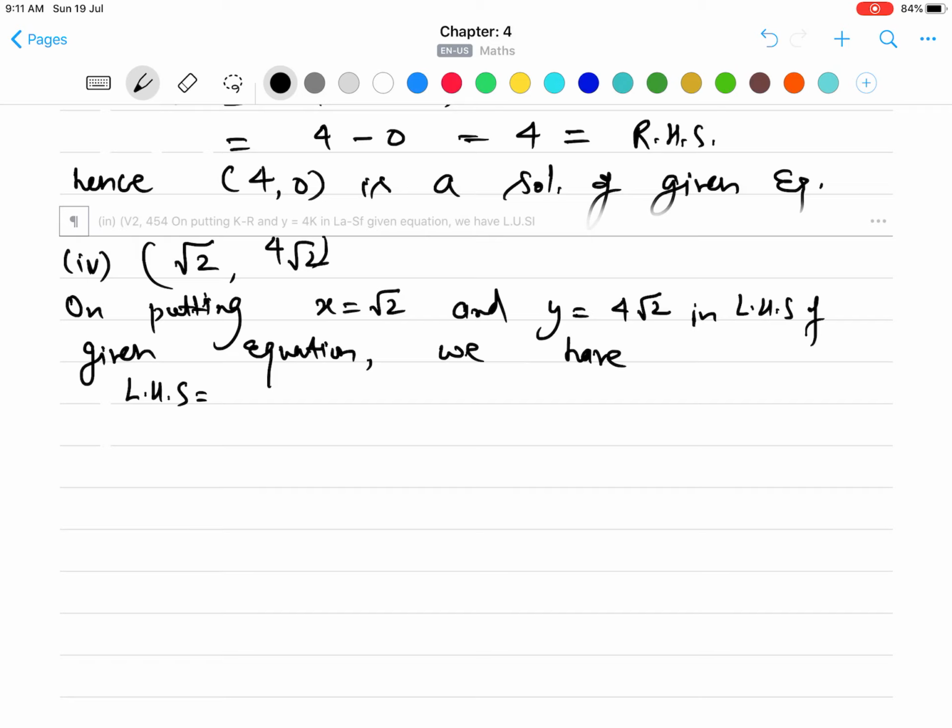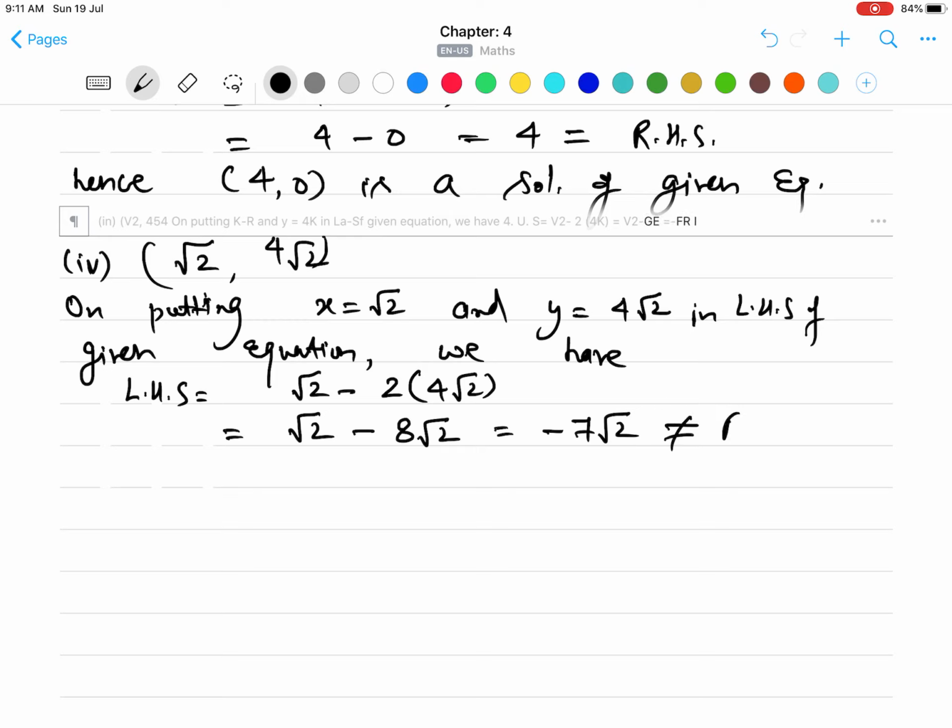So x is root 2 minus 2y, 2 into y, and y is 4 root 2. So this will be root 2 minus 4 into 2, which is 8 root 2. This will result in minus 7 root 2, which is again not equal to the right hand side term, which is 4.